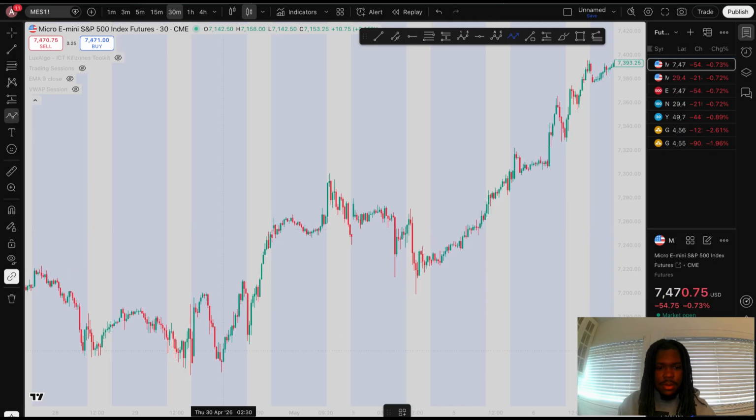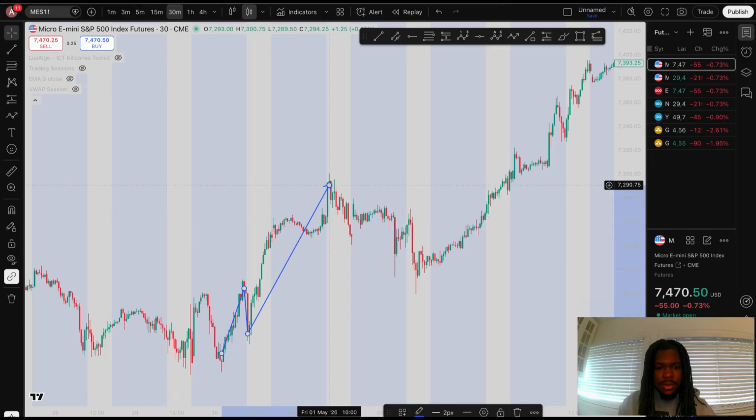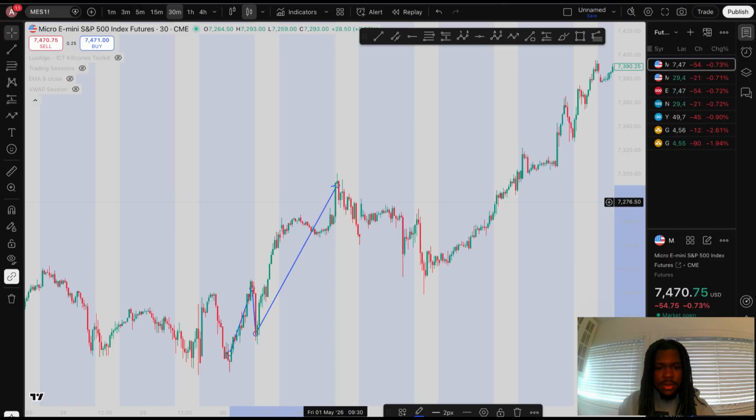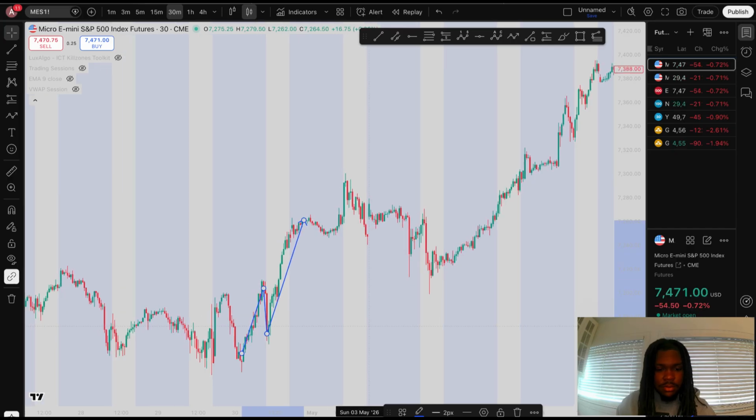This is a good one. Low, high, higher low, higher highs, and then highs, higher lows, higher highs. So that's an example of an uptrend.